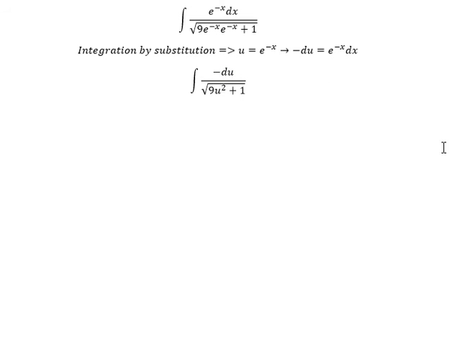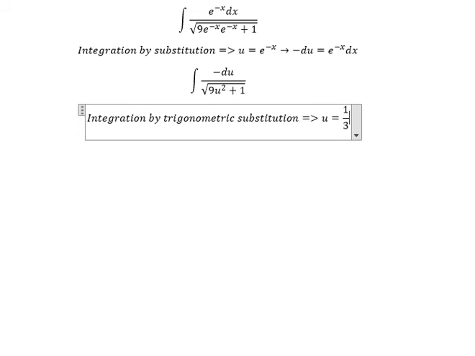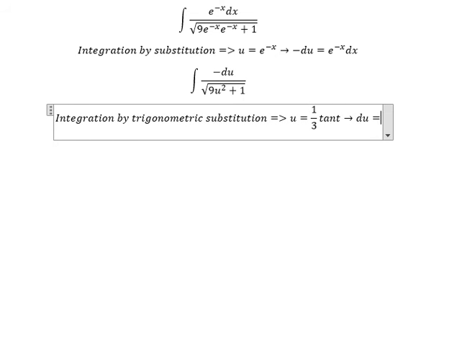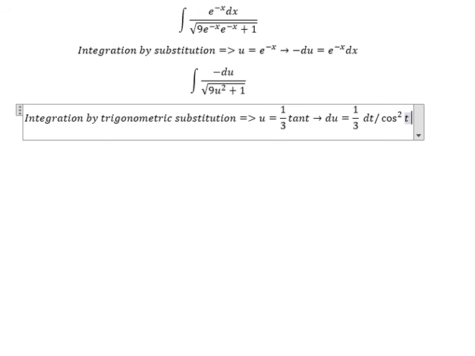Next, we need to use integration by trigonometric substitution. So we put u equals 1 over 3 tan t, du equals 1 over 3 dt over cosine t square.